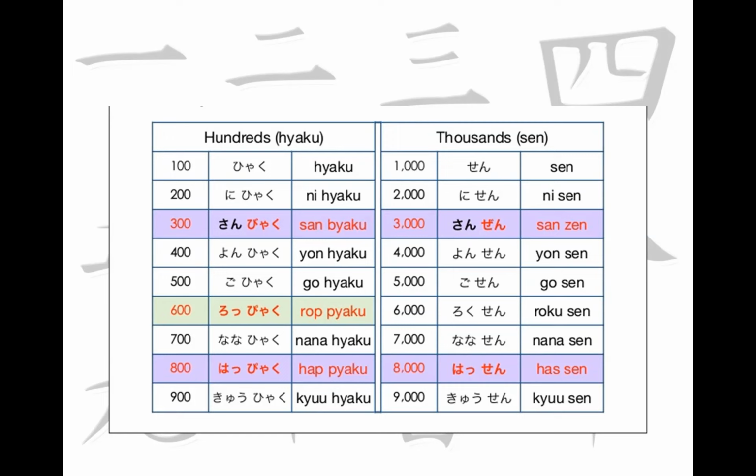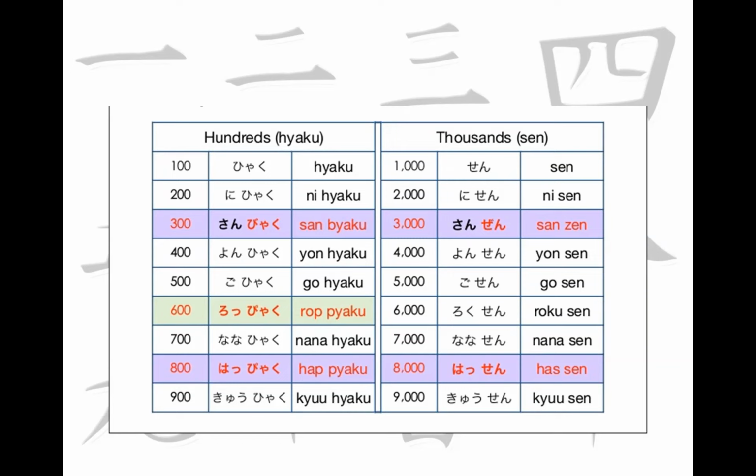Again, nana hyaku. Slowly, per syllable, nana hyaku, 700. Now, for 800, it's almost the same as 600, where there is a pause. Okay, hap pyaku. Again, hap pyaku, 800.